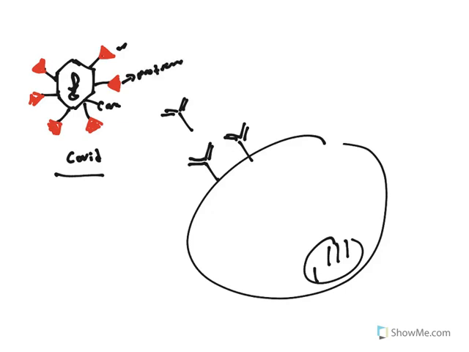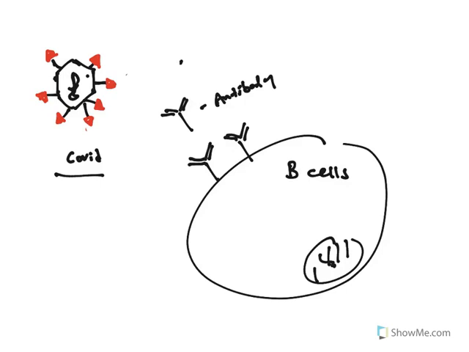But one of the ways the body fights it is that there are these cells called B cells, and they make RNA from their DNA, and then it makes protein, and the protein is called an antibody. And what the antibody can do is fit perfectly onto the protein of the virus and neutralize it.